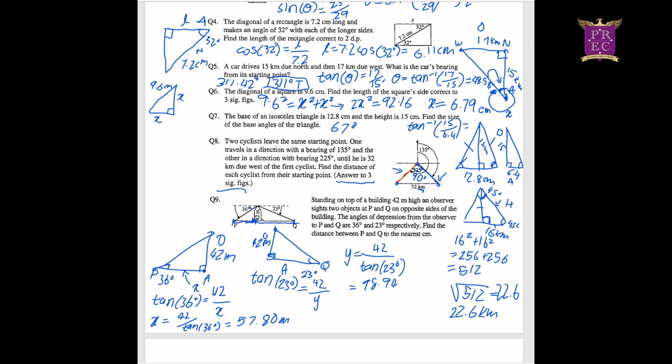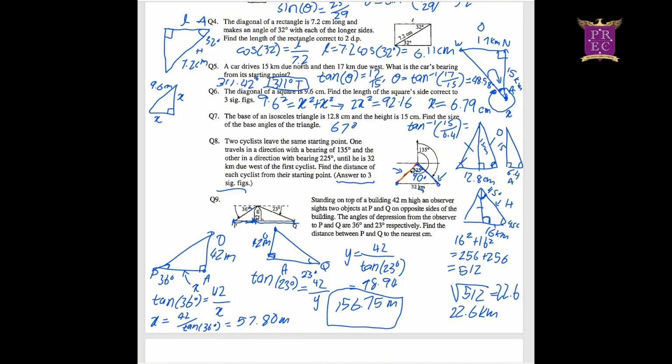So let's do that in our calculators. So 98.94 and 57.80. Let's find the exact values, add them up. I got 156.75 meters. And that's my answer.